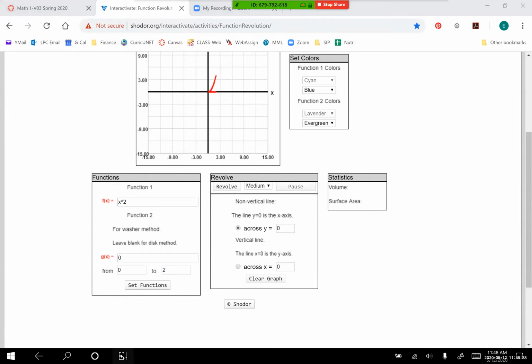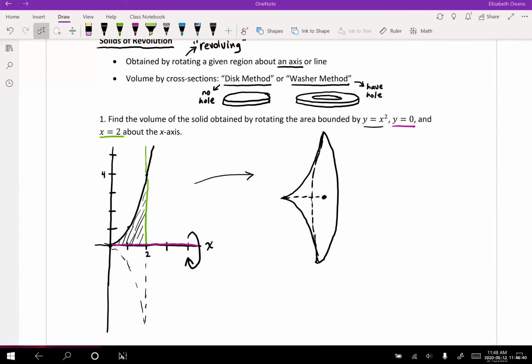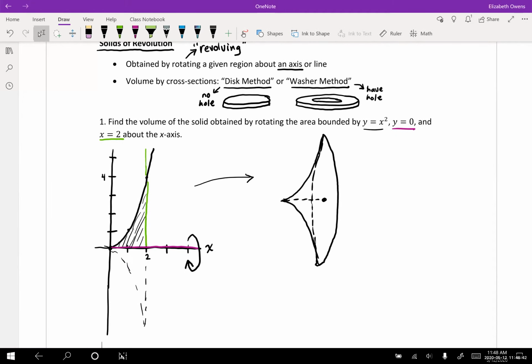Let me pop back over to our graph here. Notice how we don't want to go all the way from x equals -15 to +15. Our area that we're looking at only goes from x equals 0 to x equals 2. That's why I changed that last part there.